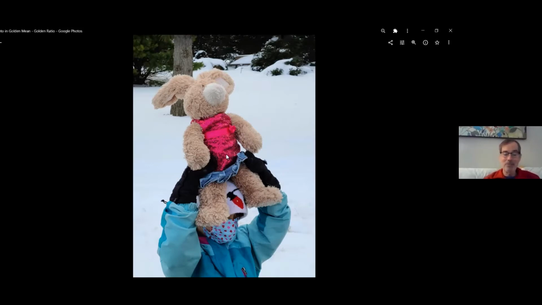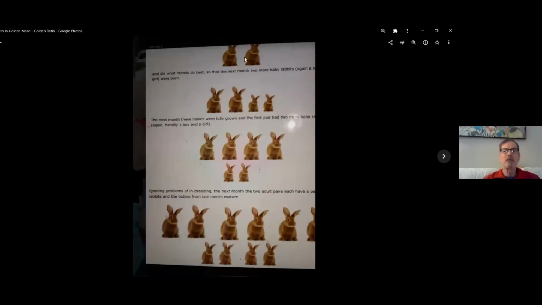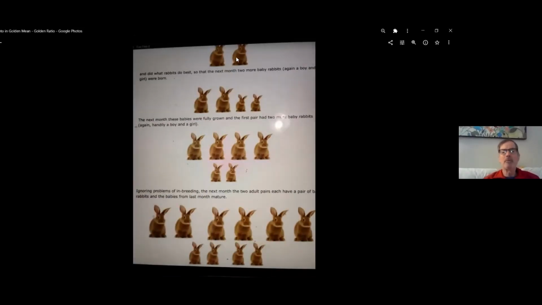At the same time, he had this interesting little formula or mathematical problem that was published, and it goes like this. He pictured pairs of rabbits, and you start out with a pair of rabbits. They have to grow for 2 months to reproduce.